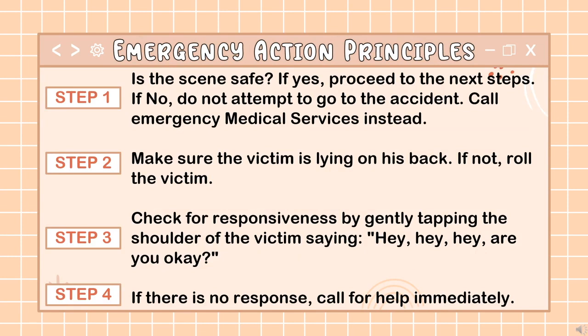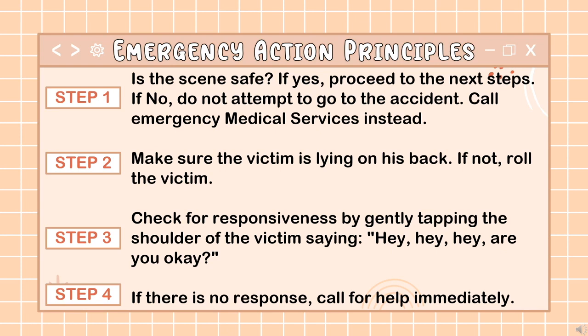Now let's go to the different steps to follow when you encounter an emergency situation. Here are the emergency action principles. Step 1. Make sure the scene is safe. If yes, proceed to the next steps. But if not, do not attempt to go to the accident. Call emergency medical services instead.